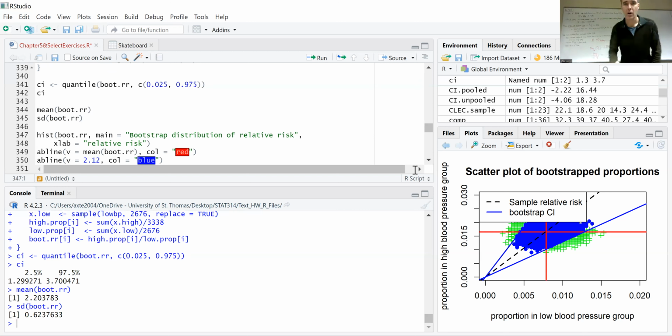All right. And then I take that bias and put it right here. And I'm going to standardize it by dividing by the standard error of that bootstrap distribution, which R told me was 0.6238. And definitely need a calculator now.